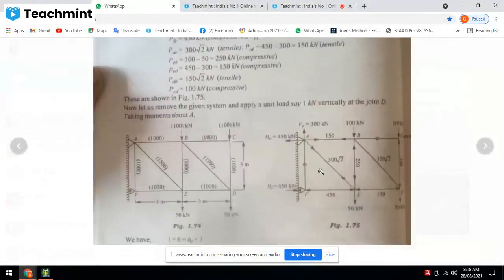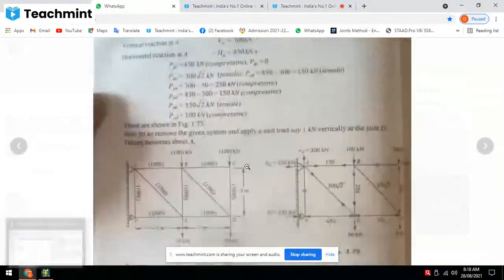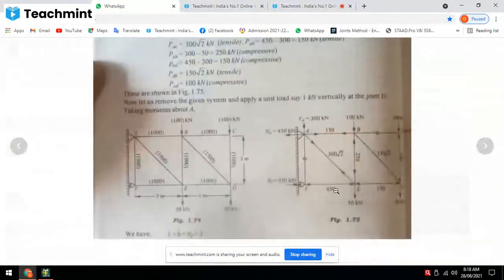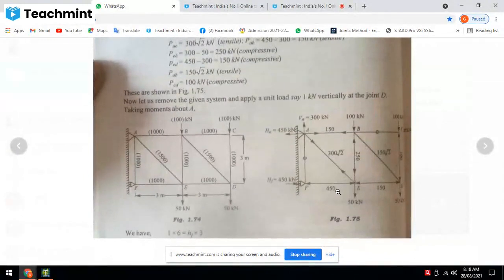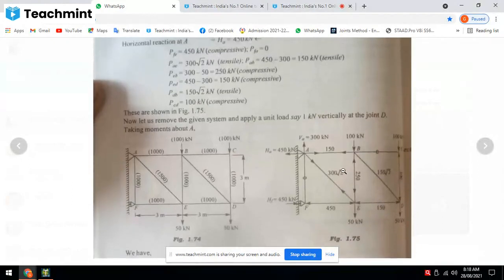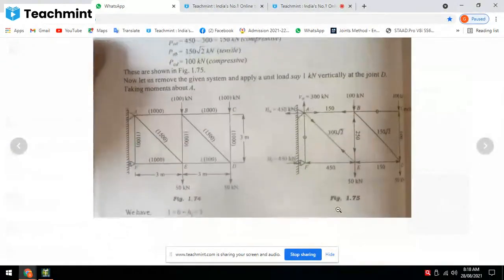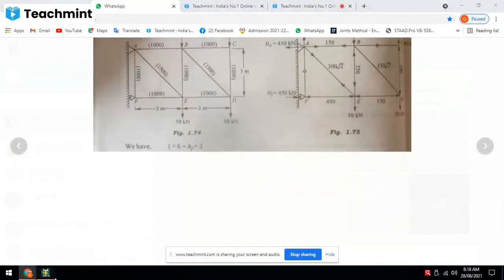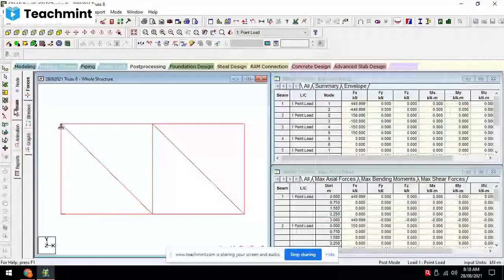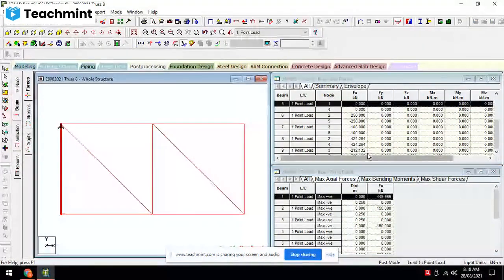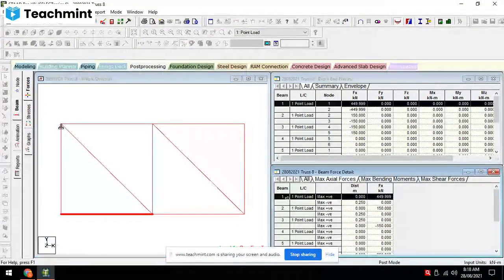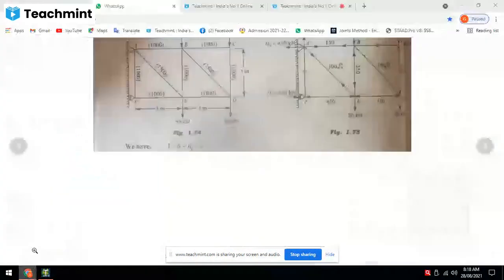Right, sir. Right. Now we'll see the forces in the members. In member EF it is 450, ED 150, BE 250, AB 150, 150, 450, 250, 150. We'll check these values. Beam, maximum axial forces. So you can see it is 450. Is it matching?